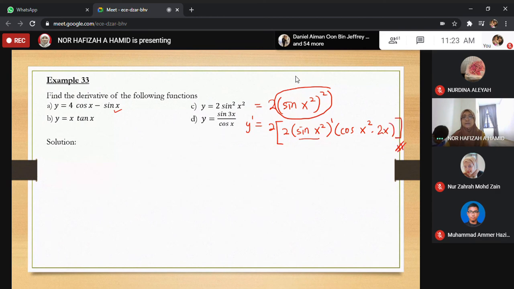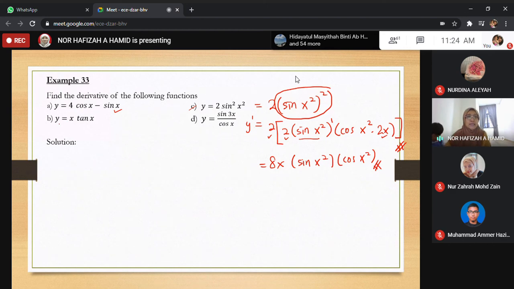Okay, so yang ini for C. Ataupun you nak simplify lagi, boleh multiply 2 times dengan 2x. So you have 8x, lepas tu you have sin x square and cos x square. Okay, so ni for C.